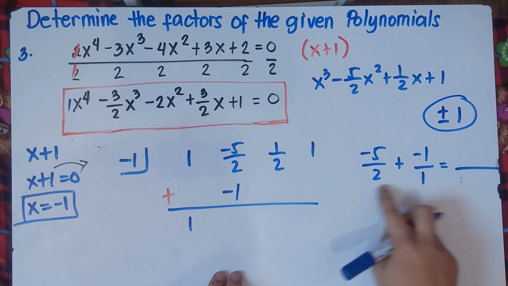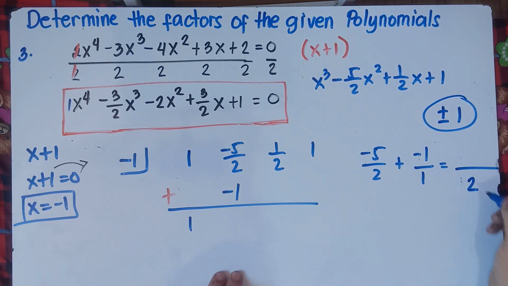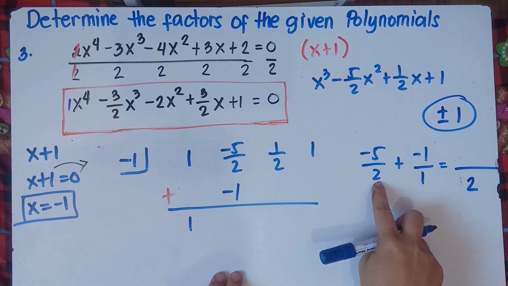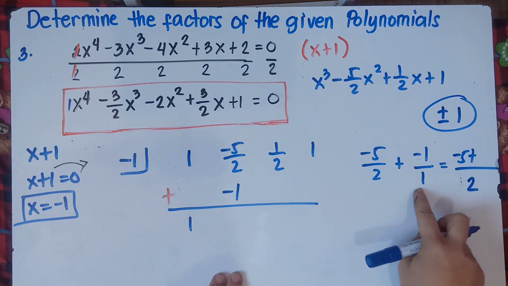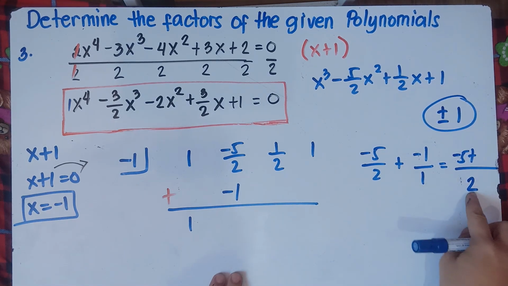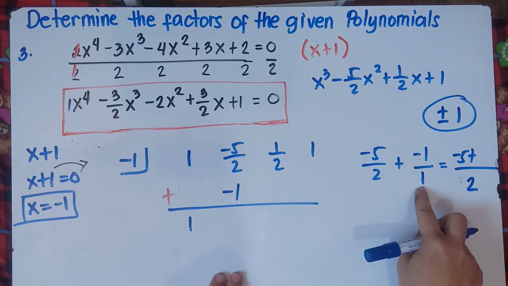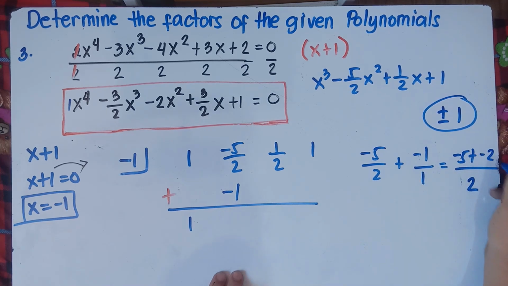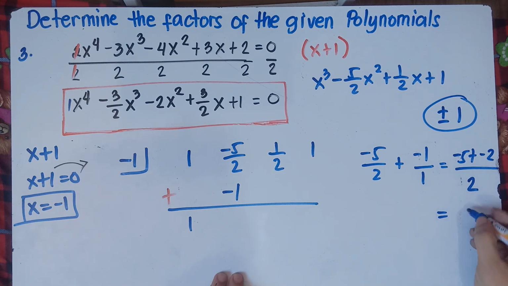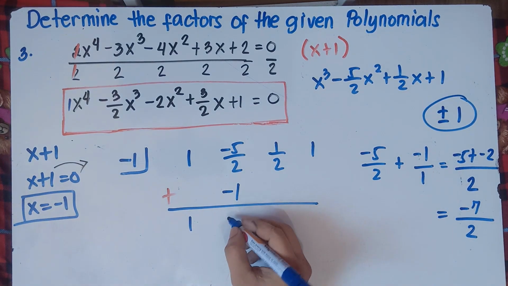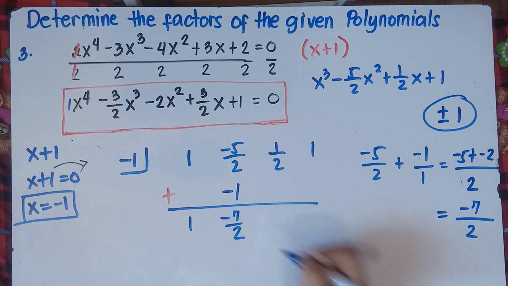Find the LCD. The LCD of 2 and 1 is 2. So 2 divided by 2 is 1, times negative 5, that's negative 5, plus 2 divided by 1 is 2, times negative 1, that's negative 2. Then you combine negative 5 plus negative 2, that's negative 7 over 2.